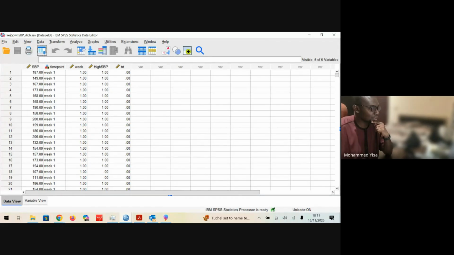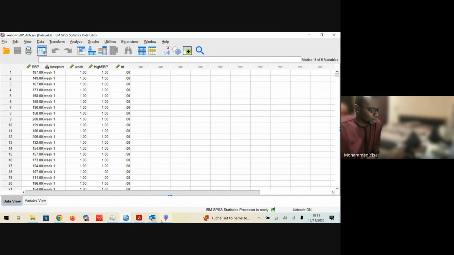That is the data set. The good thing about SPSS is on the top here, it will always tell you the name of the data set you are using. That way, you don't accidentally do the wrong analysis on a different data set.